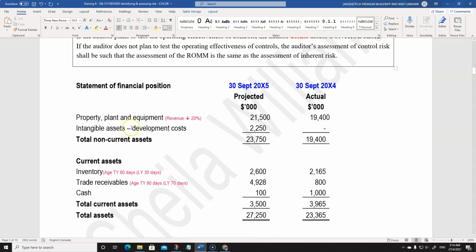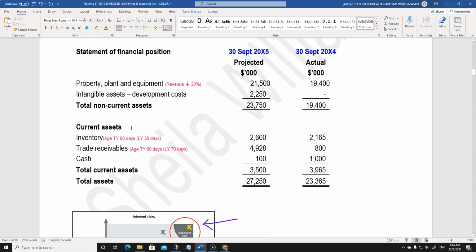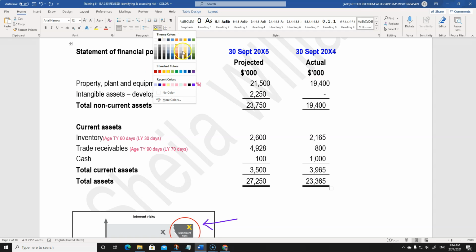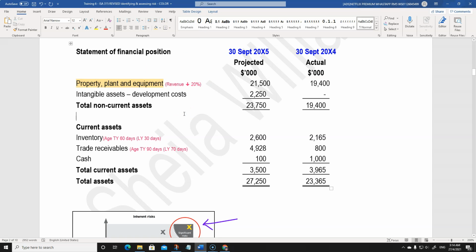Let me explain. So let's go down here, supposing that you've got these financial statements here, and I provide you this information. The revenue has gone down. Then PPE would be considered to be a significant class of account balance. Account balance because it's in the SOFP. Why are we worried?